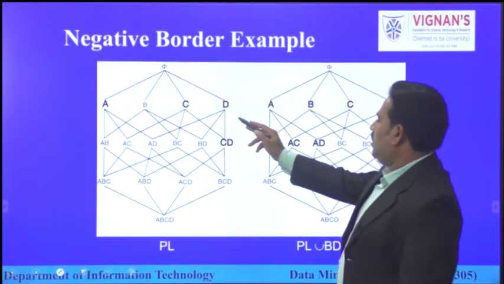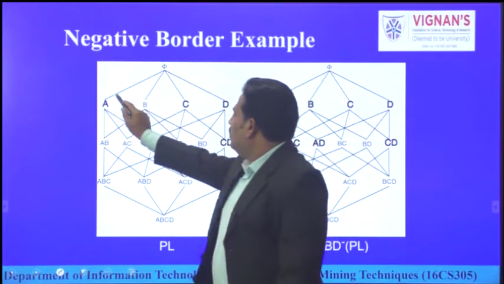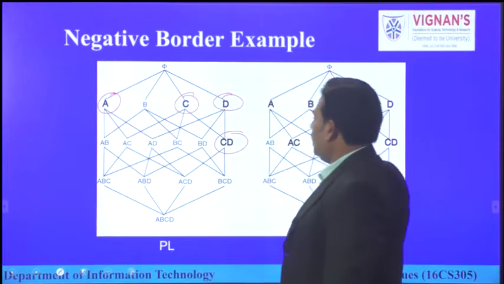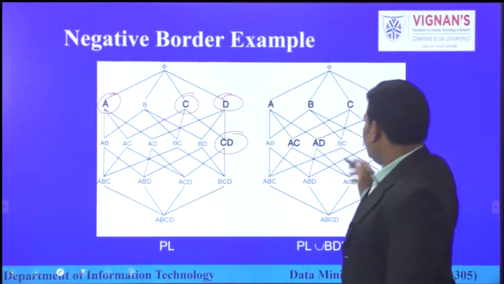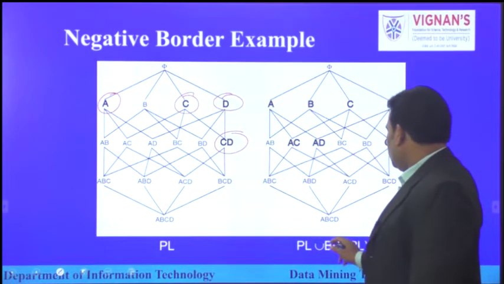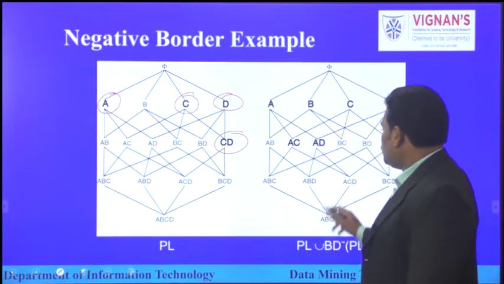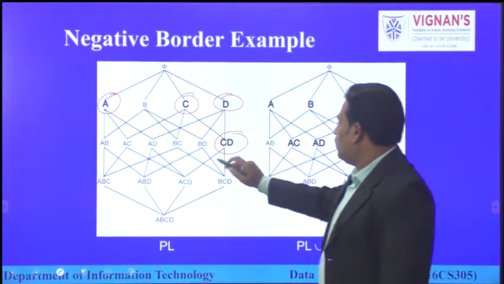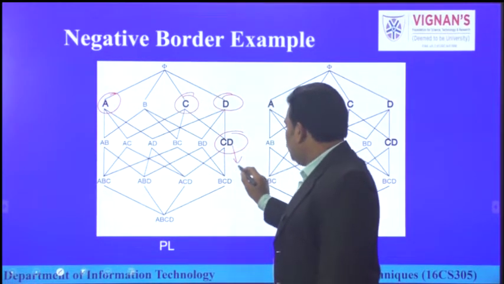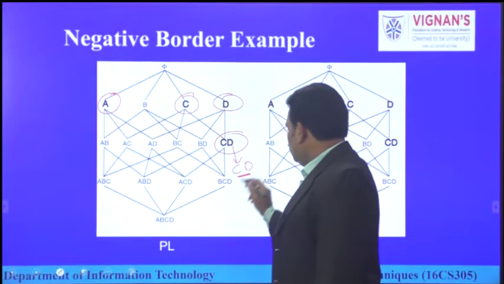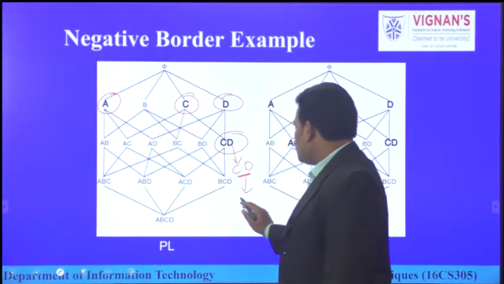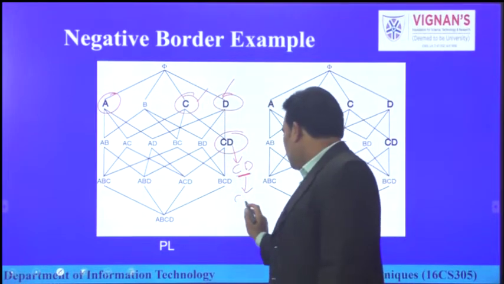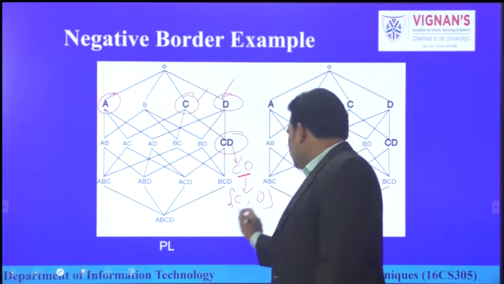For A, B, C, D, A, C and D and CD are highlighted in bold face. And if you look at the potentially large items union the border value, minus the rest, that means those which are not up to the mark. Now what is the case for those which are not up to the mark? If the item set CD is not considered for analysis, the subsets of CD, that are C and D, will be in consideration.